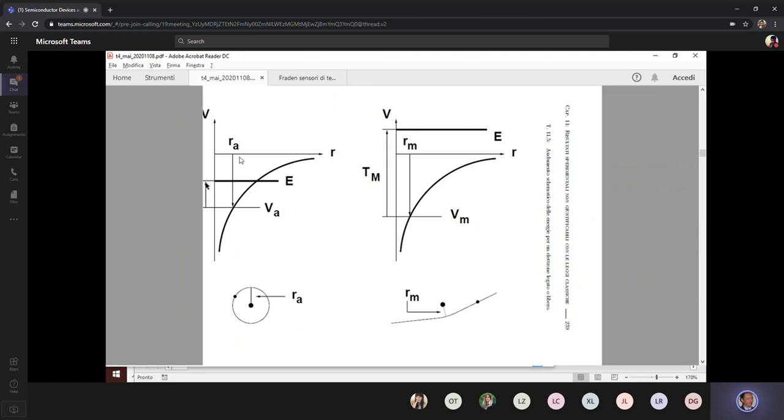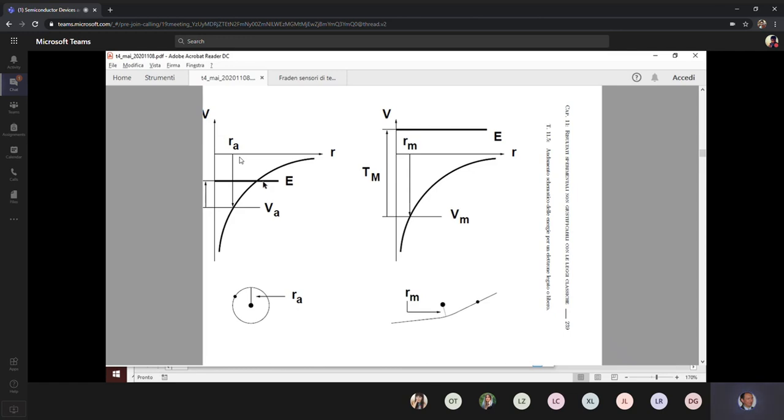Okay? When we have the case of a negative total energy, you see that the total energy, that is a constant, does not depend on position, on the radius, intersects the potential energy. What does it mean? It means that at this point, corresponding to this distance of the electron with respect to the nucleus, the total energy is equal to the potential energy, so that the kinetic energy is 0.